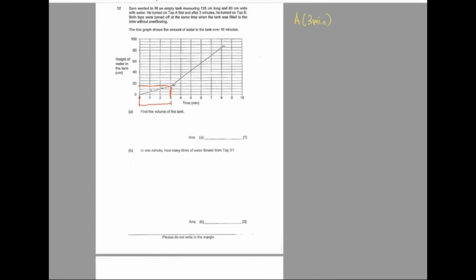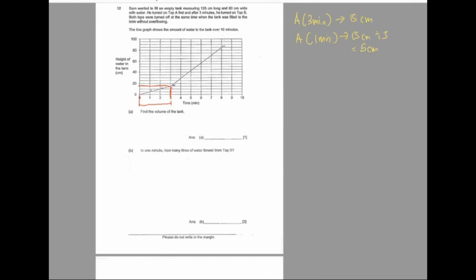Water from tap A goes into the tank in 3 minutes. It raises the water level to 15 centimeter. Meaning in 1 minute, tap A raises the water level by 15 centimeter divided by 3, 5 centimeter. Notice I put the unit, right? You see how I do it. I put a unit and make sure everything is in units.